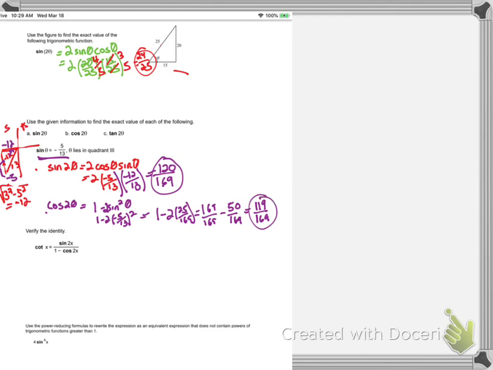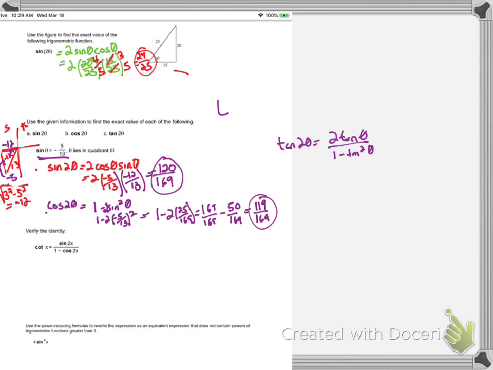Okay, and last but not least is tangent. Tangent of 2 theta. Our formula for that was 2 tan theta over 1 minus tan squared theta. So for this one, tangent, it's opposite over adjacent. Opposite is the negative 5 over 12.